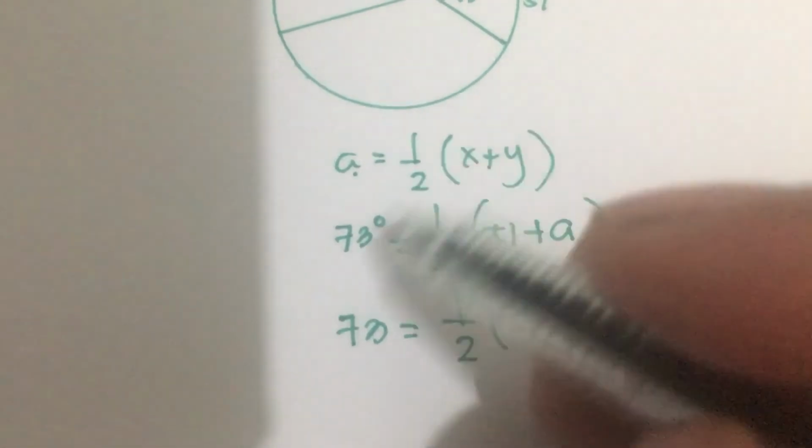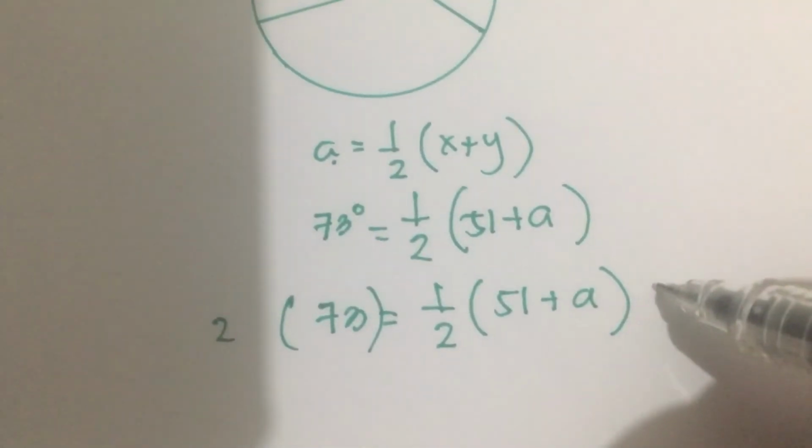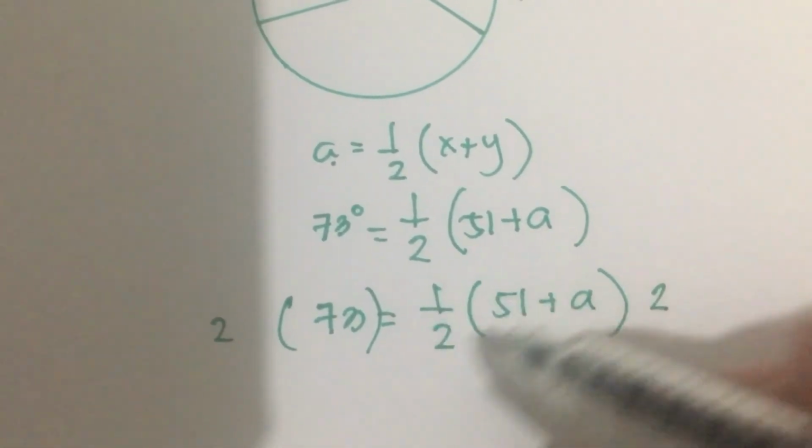So the technique here is to multiply both sides by 2 so that the 1/2 cancels.